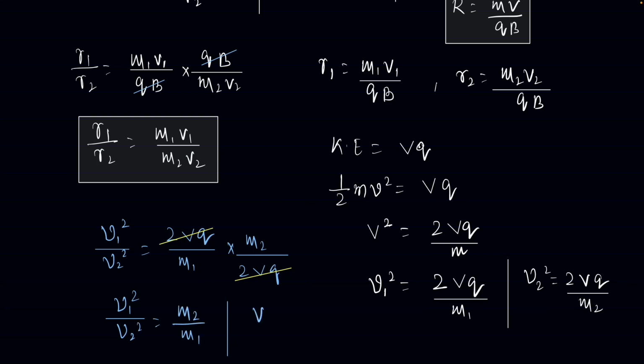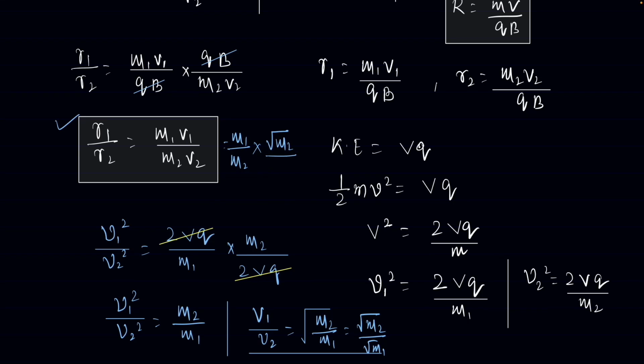So v1 by v2 is equal to how much? It's equal to root of m2 by m1, or root m2 by root m1. Now we substitute this relation here. So r1 by r2 is equal to m1 by m2 into root m2 by root m1.